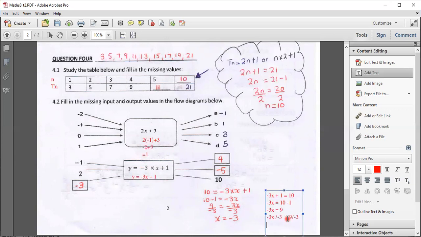And if you divide both sides by -3, you end up with x here, because the -3s will cancel. That is equal to -3, because 9 divided by 3 is 3, and positive divided by negative is negative. So -3. So you can solve your equation to get your answer, or you can decide what number times -3 plus 1 will give us 10. And the answer will be -3.